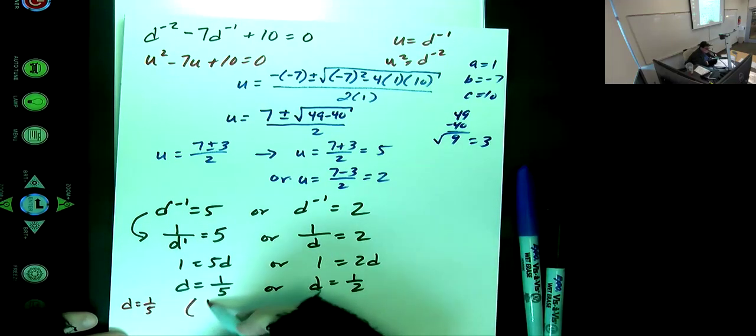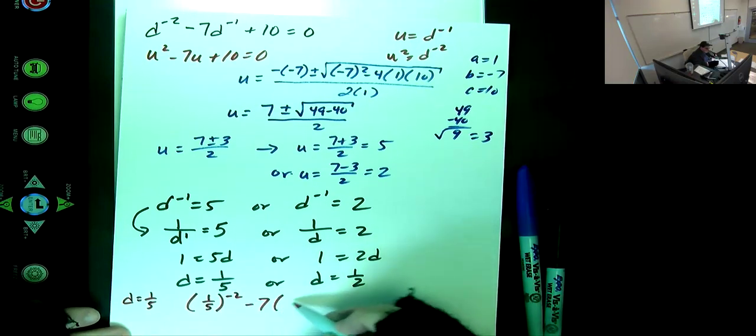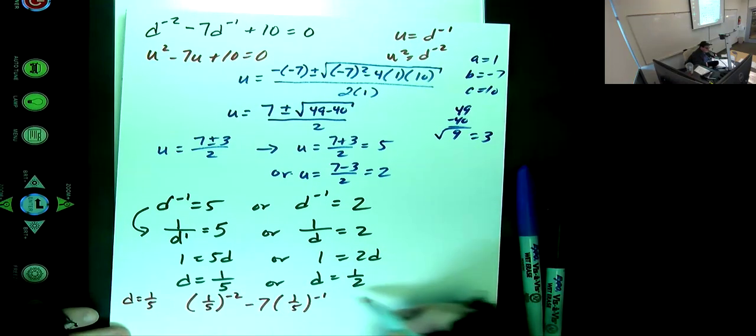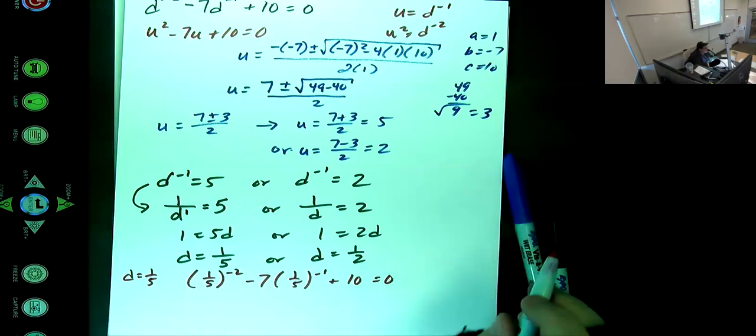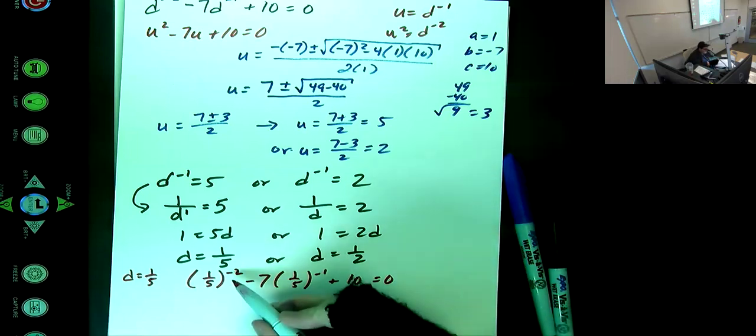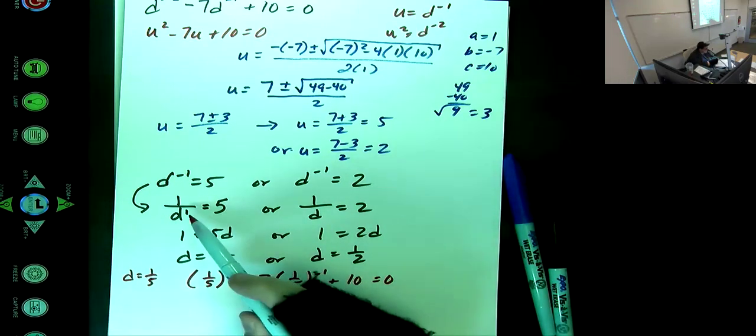So I've got 1/5 to the -2 minus 7, 1/5 to the -1 plus 10 equals 0. And you might think this looks really fucking hard, but you're wrong. If you remember what the negative exponent does, it turns this over.